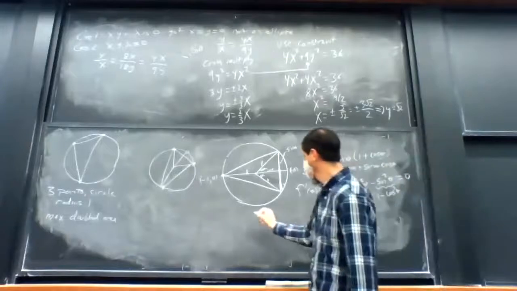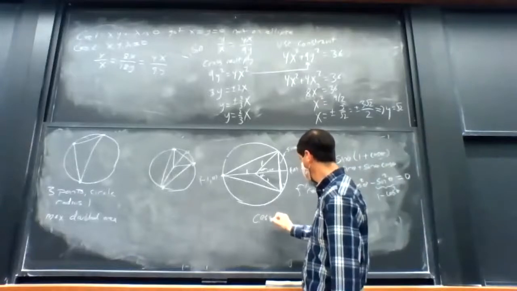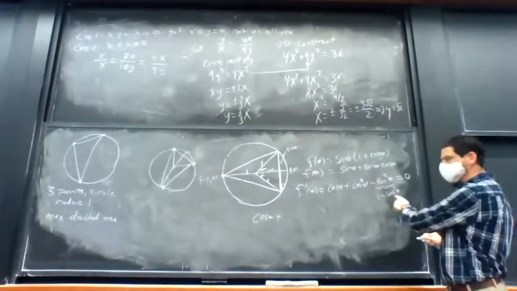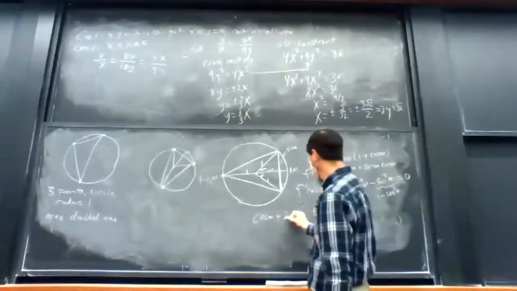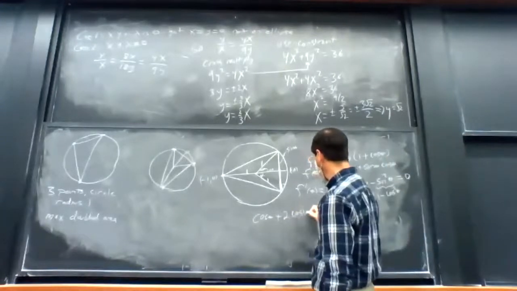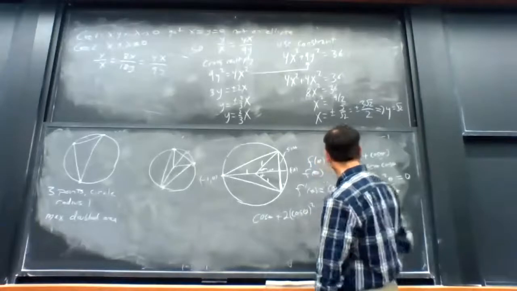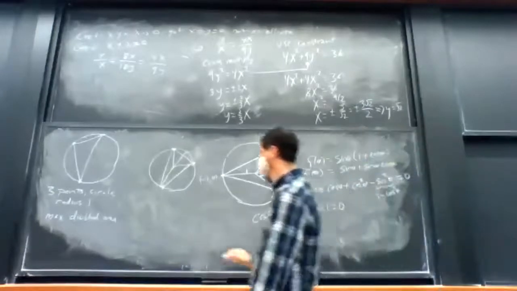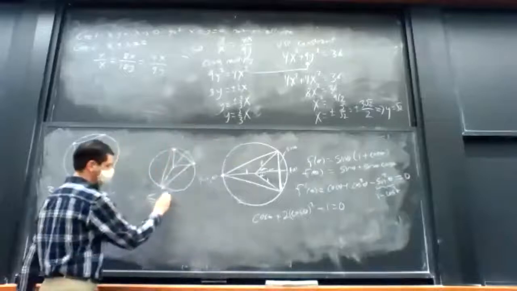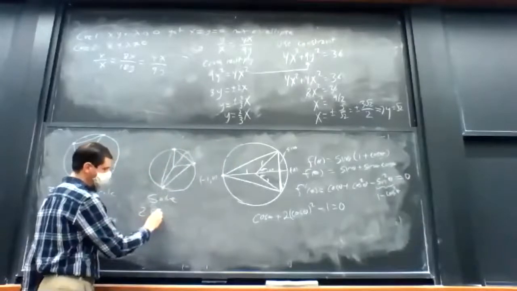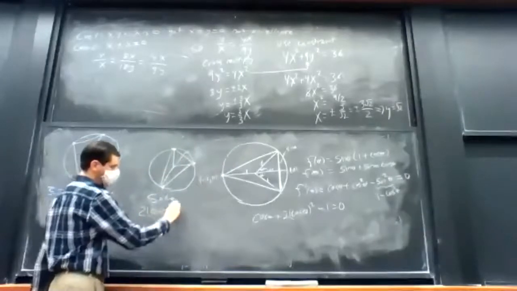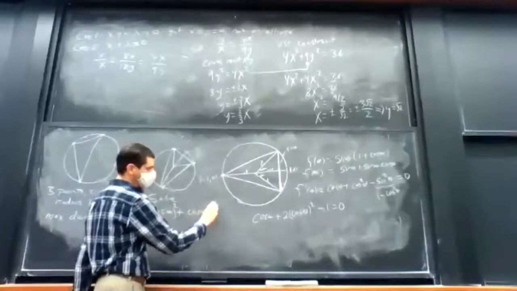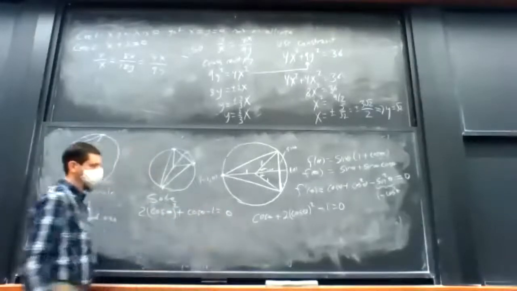We get cosine theta plus cosine squared theta minus, and a minus cosine squared theta is plus, 2 cosine squared theta minus 1 equals 0. So we have to solve 2 cosine squared theta plus cosine theta minus 1 equals 0.